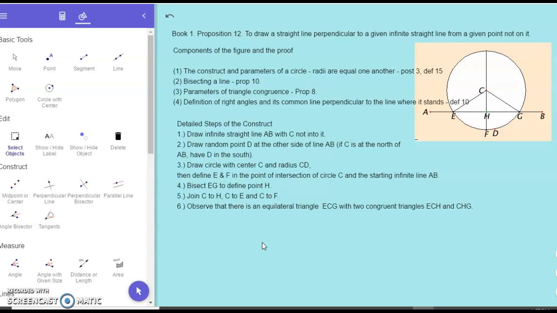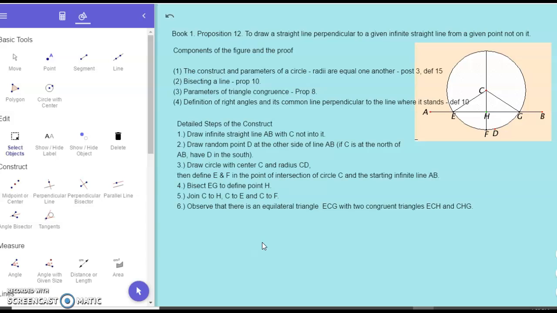So here are now the components of the figure and of the proof. Obviously, we have the construct and the parameters of a circle. And yes, the radii are equal to one another. We have those details at postulate 3 and definition 15. We will also be bisecting a line, and that has been shown at proposition 10.